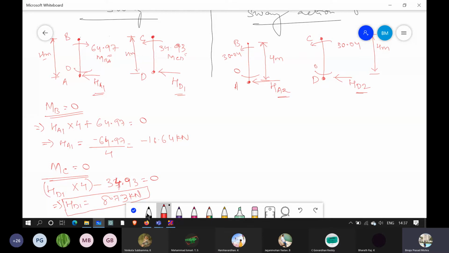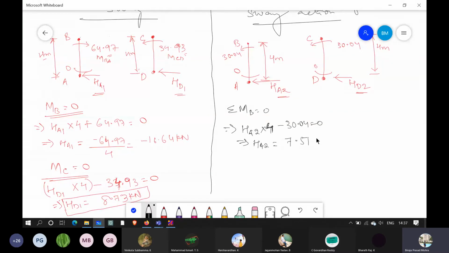Similarly, in this case also we can find out summation MB equals 0. This implies HA2 into 4 minus 30.04 equals 0. This implies HA2 equals 7.51 kilonewton. Similarly, for this case, if I take moment about C, summation of moment at C equals 0.